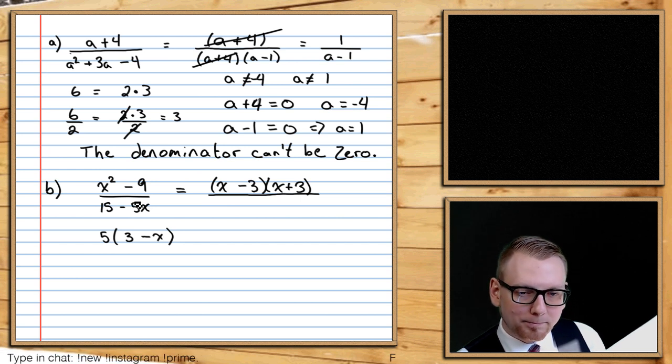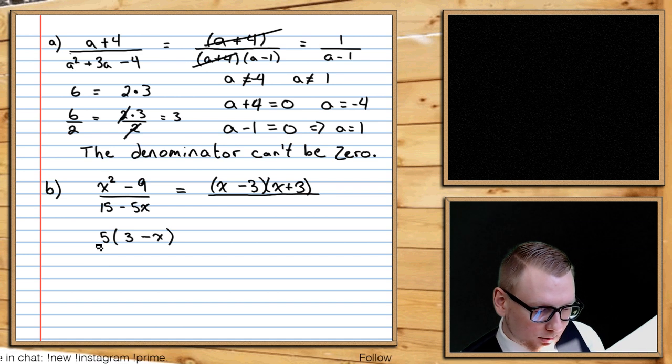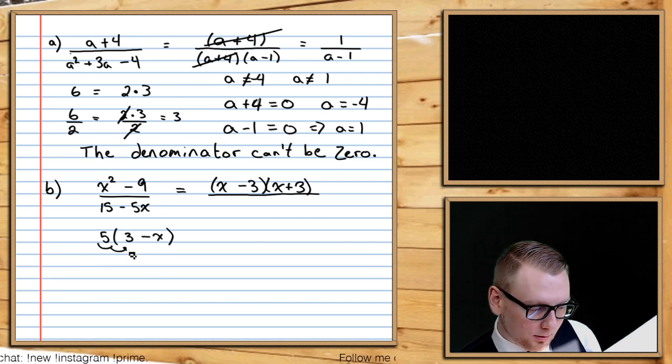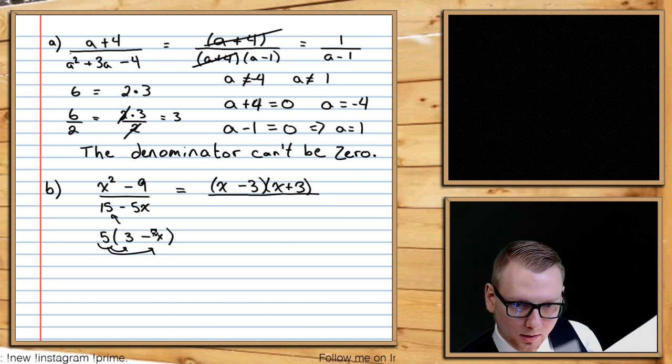Exactly. Because think about it this way. When you multiply back in, it has to come out the same. So 5 times 3 is 15. 5 times negative x is negative 5x.